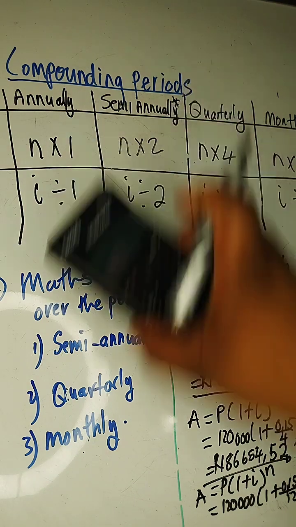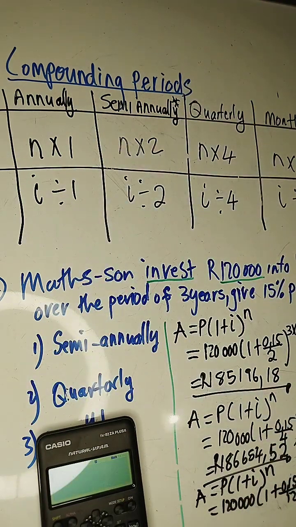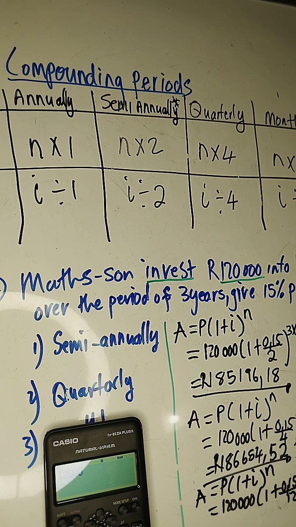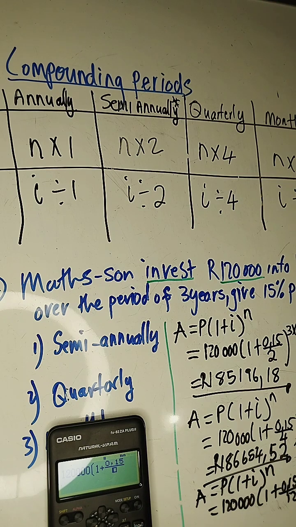Now let's do it on our calculator: 120,000 into 1 plus 0.15 all over 12, close bracket, exponent 3 multiplied by 12. This will give us 187,673.26. That is our answer.